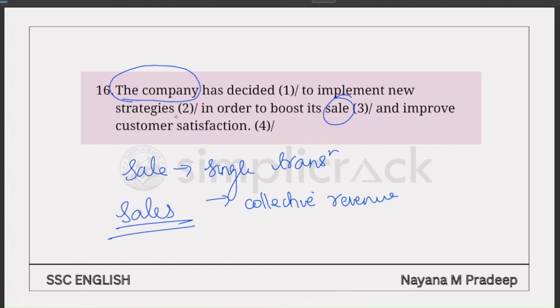Here you are talking about the sales of a company, the business of a company. So it is not just a single transaction. It talks about the entire transactions, the overall business or the collective performance. That is what is meant here. So instead of sale, you have to put sales. So the company has decided to implement new strategies in order to boost its sales and improve customer satisfaction.